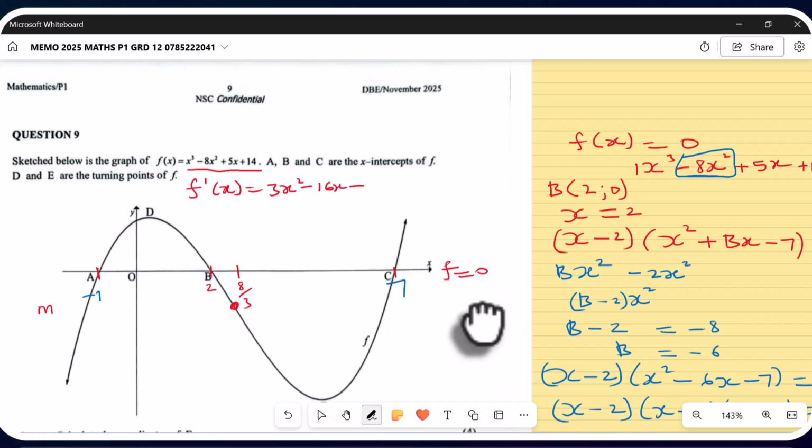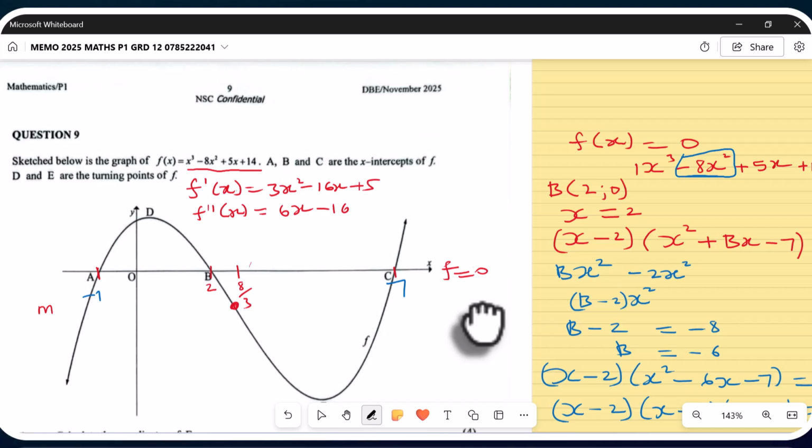Now this one here, if I find the x-intercept, is going to be 8/3. So if I draw this line here, which is the function for the second derivative, it looks like this. Remember, it has a positive gradient. So what you see here in blue is our second derivative.